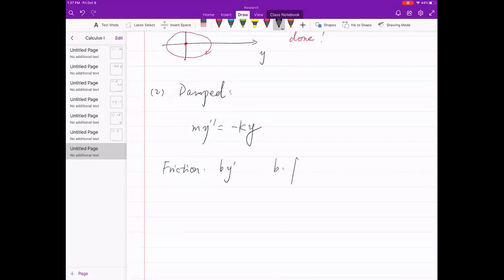This b is just the friction constant or coefficient, however you want to call it. And of course, we should put a negative sign here because the force you receive from friction is always in the opposite direction of your traveling. If you go to the right, the friction should actually slow you down. So it always slows you down. It always damps you. It always absorbs energy. That would be the formula.